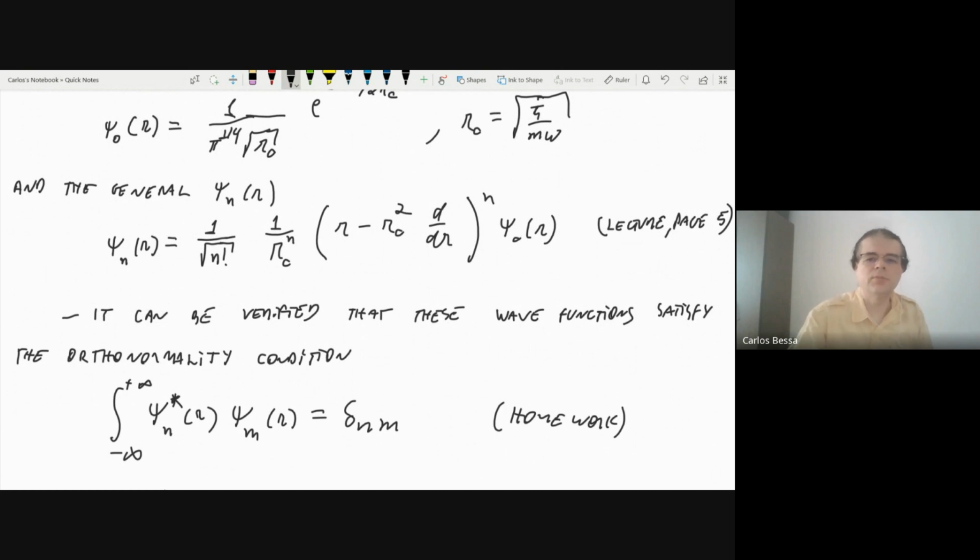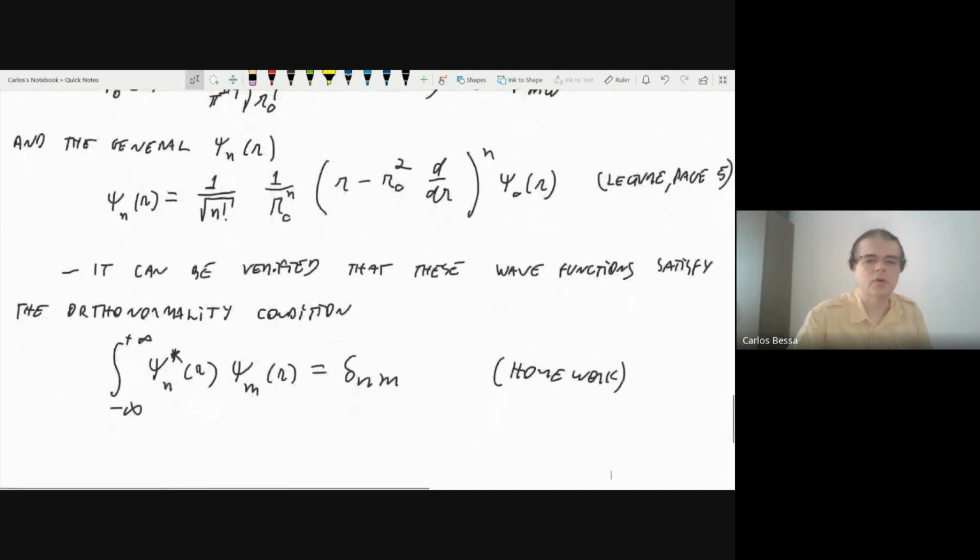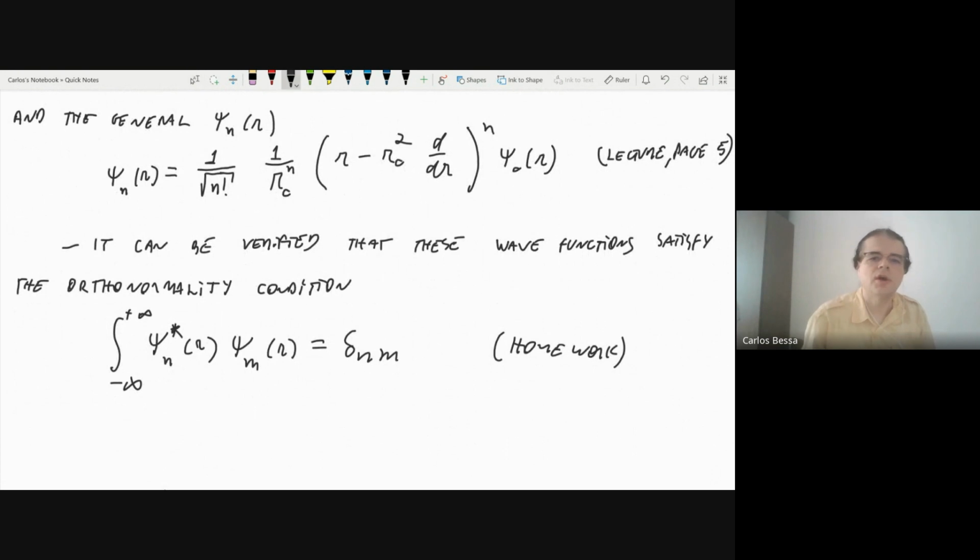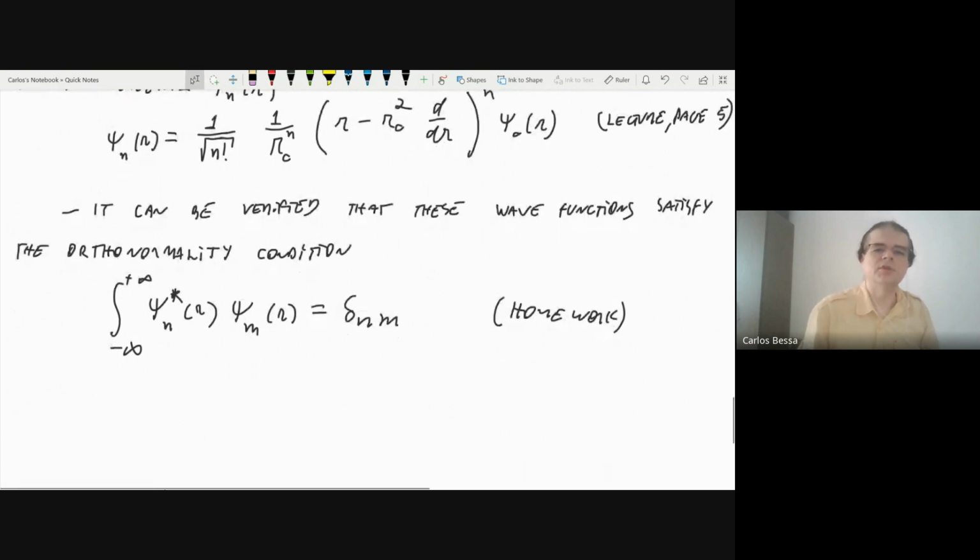In fact, to be simple, you guys can just use, because in this lecture I stopped in a representation like this, but in fact this expression here could be simplified using Hermite polynomials.